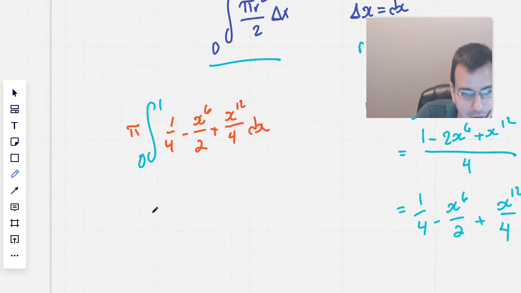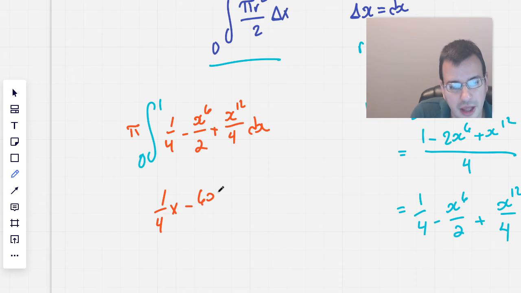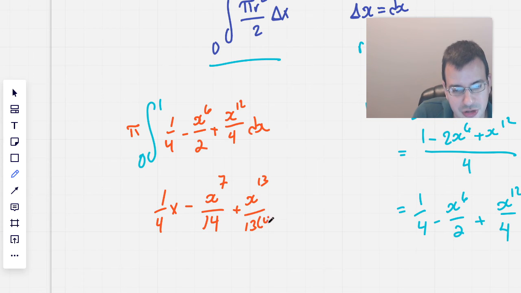These are all pretty straightforward. Now they're going to be the power rule. So 1/4 x minus x to the 7th over 14. So bump the number up, bring it down, plus x to the 13 over 13 times 4.